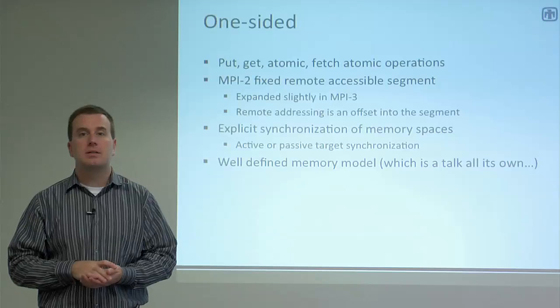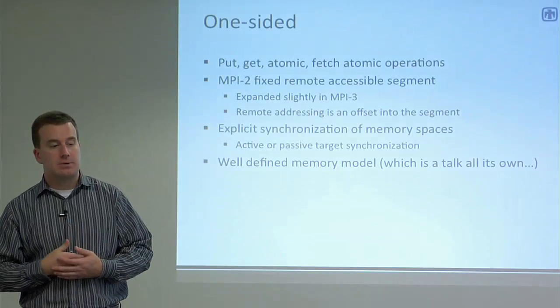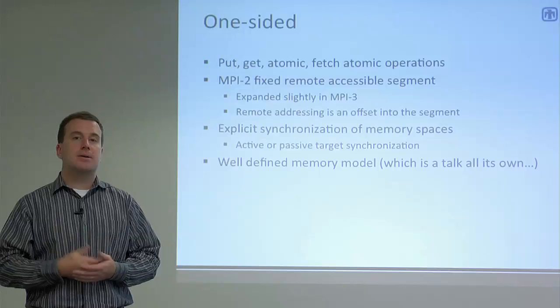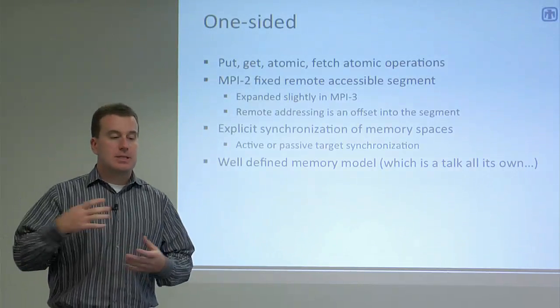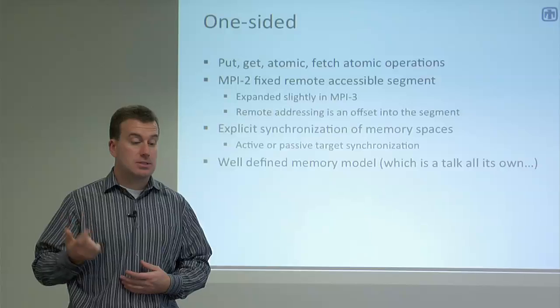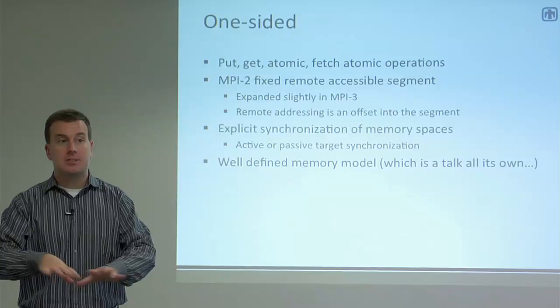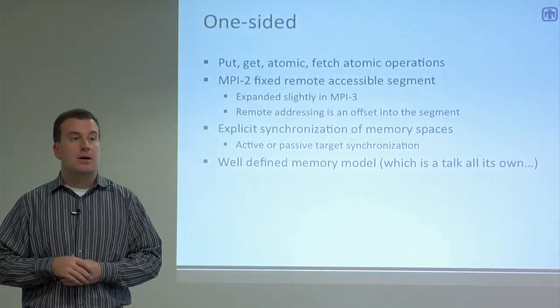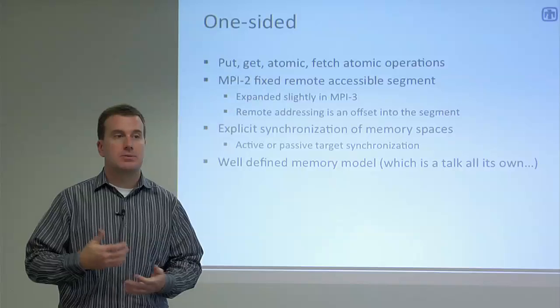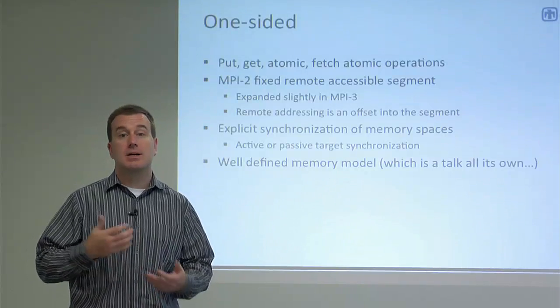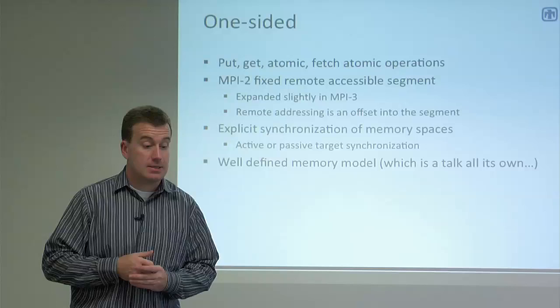That got loosened a little in the recently passed MPI 3, but for the most part, it's these put and get operations with explicit synchronization operations to say, okay, I want all the memory spaces to be consistent now. Kind of like, if you're familiar with threaded programming, a memory barrier type semantic.